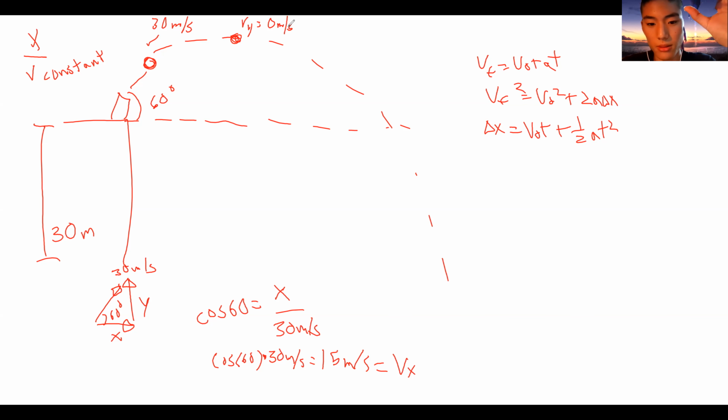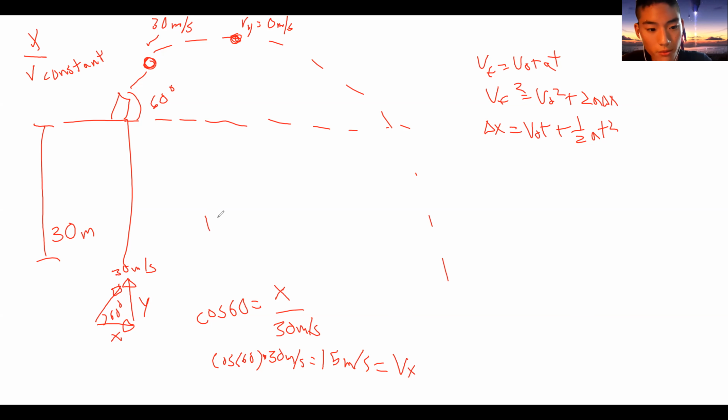It's just midair, but moving to the right. If it was never 0, the object would never be a projectile. It would just keep on going up or keep on going down. But it has to have a point where it turns from a velocity in a positive direction to a negative direction.